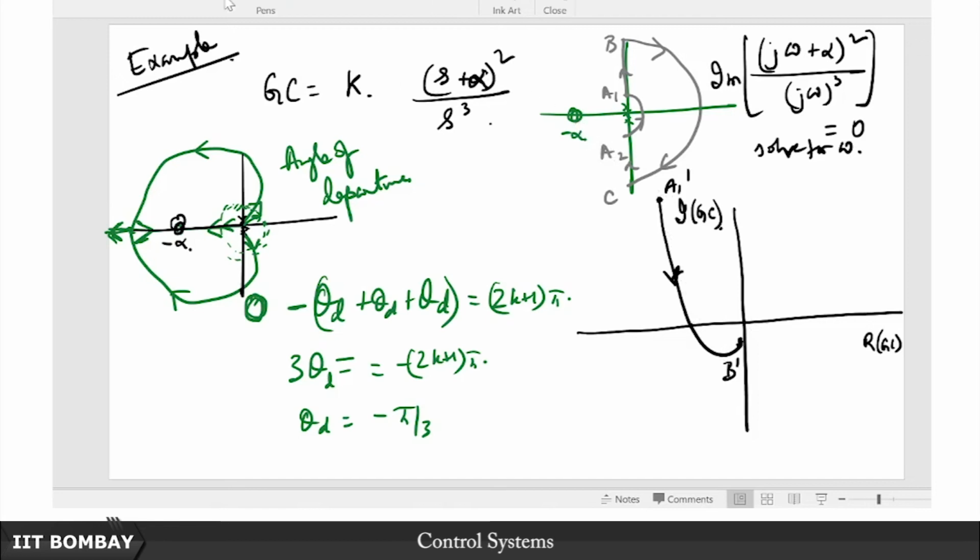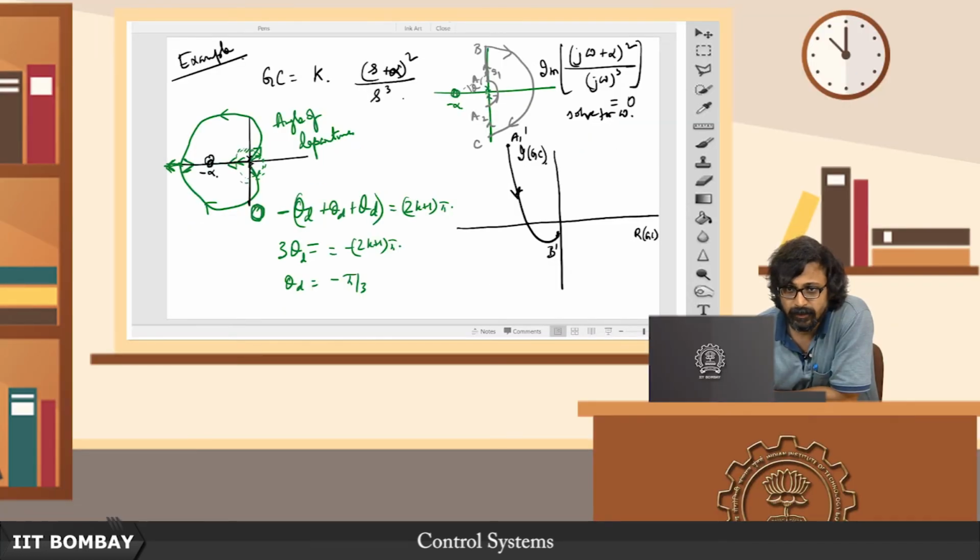Let us take a look. As before, let us take a sample point here, let us call this S1. So what happens here? If this is theta, then this is going to contribute 2 theta. This triplicate of poles is always going to contribute 270 degrees. But what about this fellow?